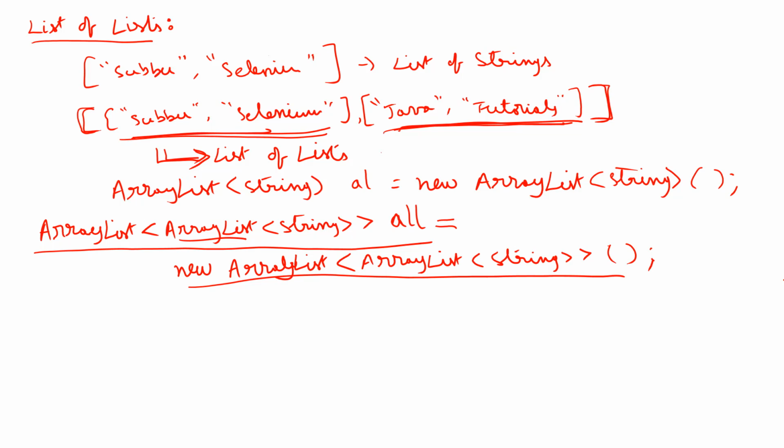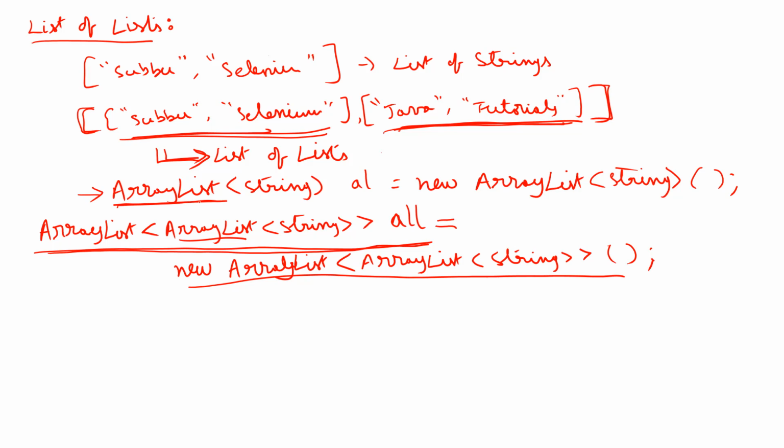But normally when we create a list of lists, or when we are creating an object for a class which is implemented from an interface, then we will do it something like this. Let's say I am creating an ArrayList.